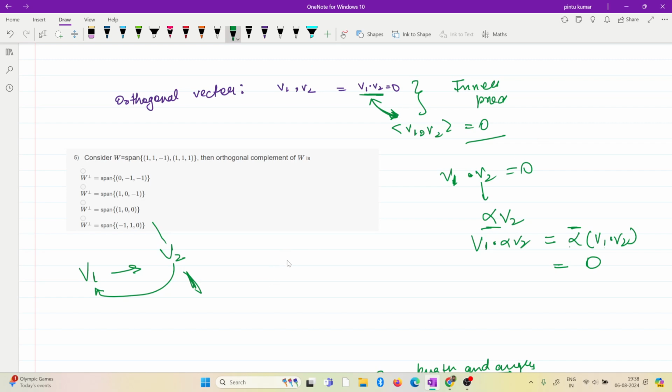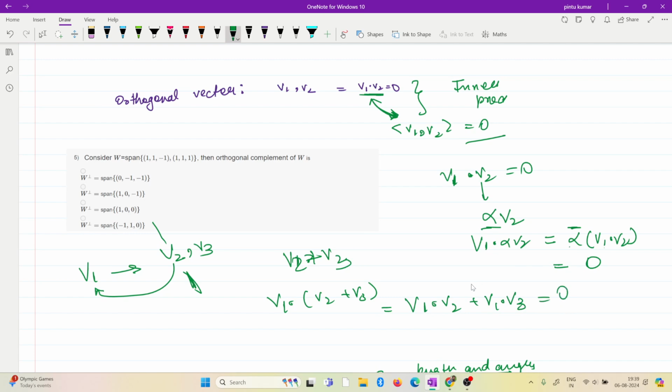Also, if you have, let's say, two vectors v2 and v3 which are orthogonal to v1, then v2 plus v3 is also orthogonal to v1. You can see that v1 dot (v2 plus v3) is nothing but v1 dot v2 plus v1 dot v3, which is again 0.